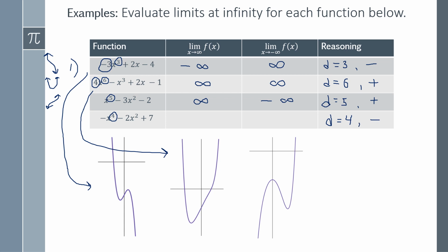What should I think of for this particular function as a model? That would be negative x squared. We know what that looks like. That is a parabola that opens downward. So both limits should be negative infinity. I'm going to put that over here. Then let's check the graph, and there it is.